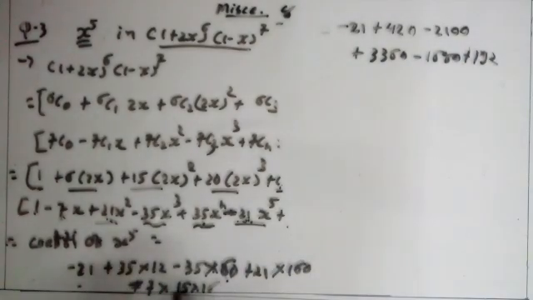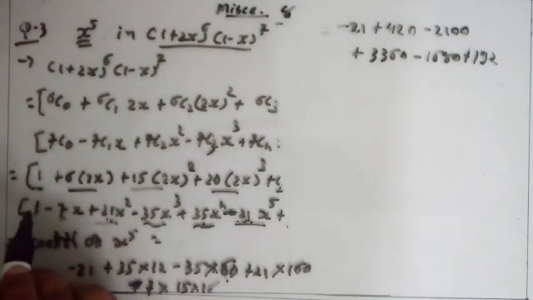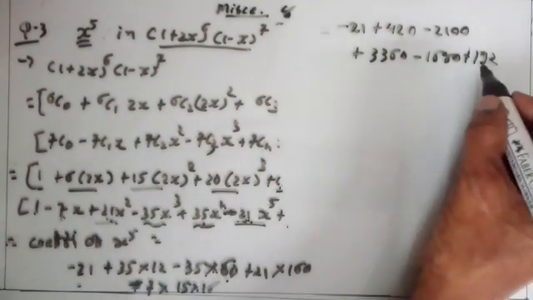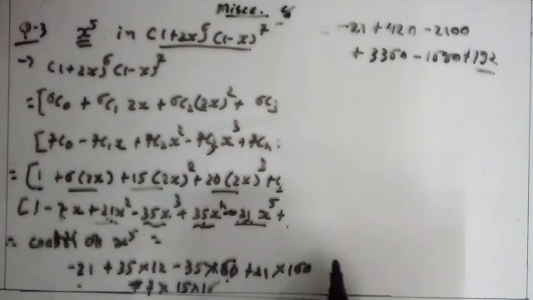Okay, the product of these two into 7, 192, and the last is 1 into x raised to 5. Here x raised to 5 is equal to this number. Clear?